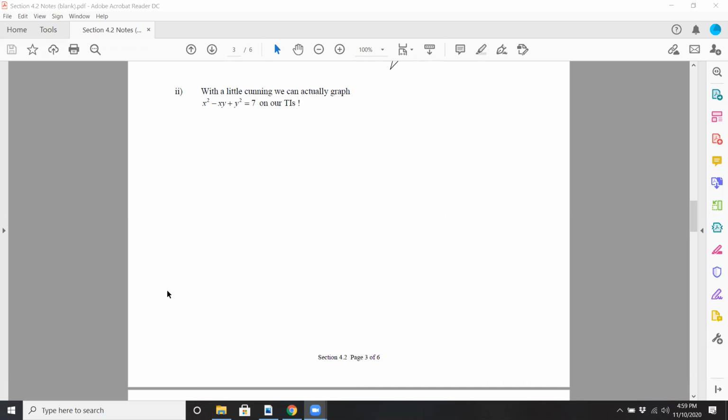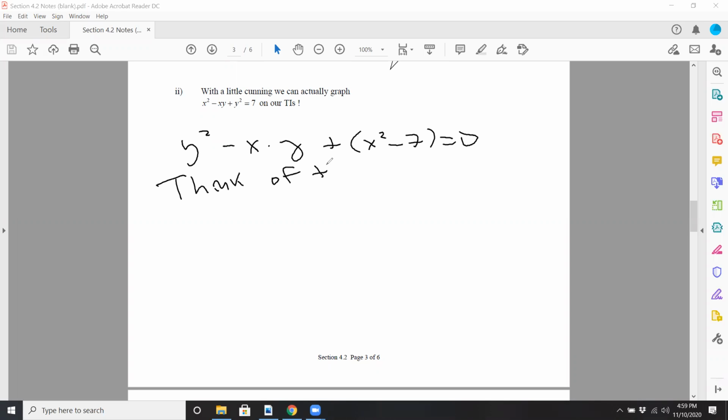But if we do this, you could say y squared minus x times y, and move the 7 over to the other side, plus x squared minus 7 equals 0. Think of this as a quadratic.